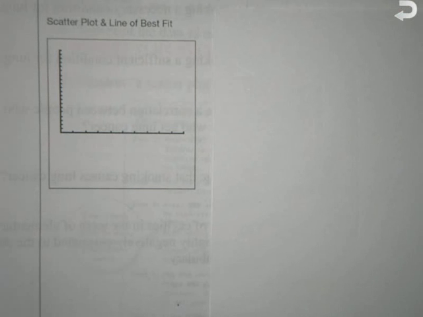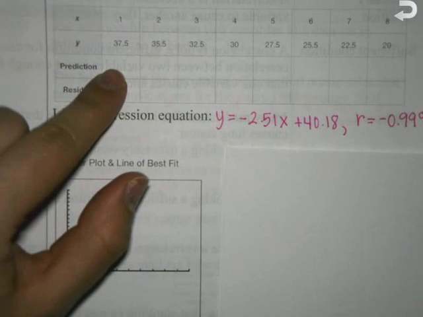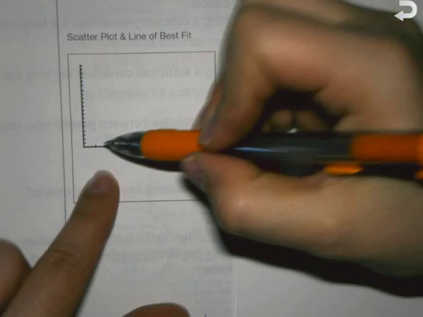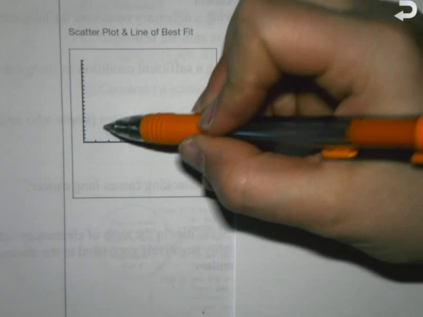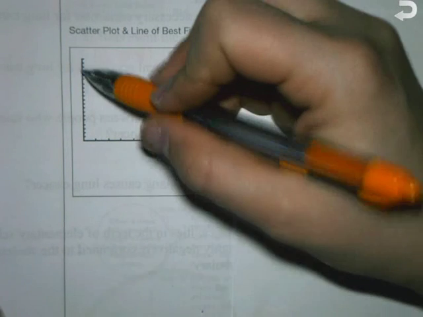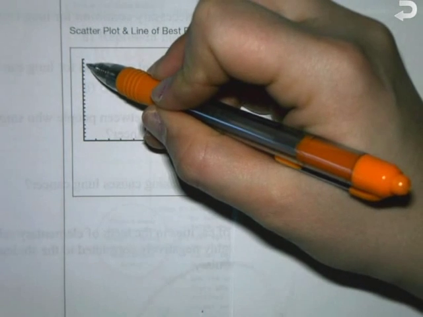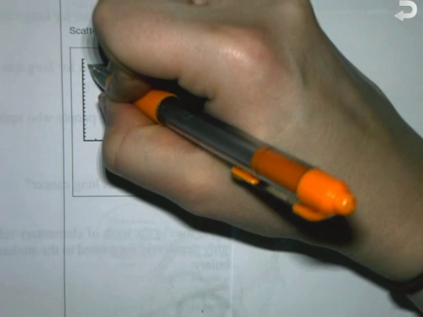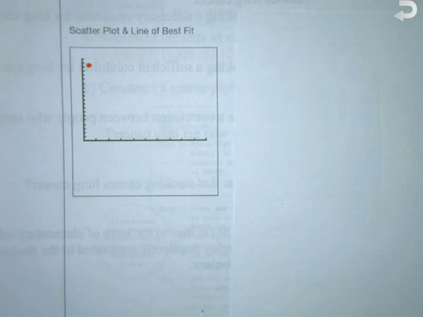Okay, so to construct our scatter plot, remember, you plot the actual values, not the predicted. So our first coordinate is going to be (1, 37.5). I'm going to go right one space, and I know that mine goes up to 40, so this would be 38, and we would be somewhere right there. That would be your first point.